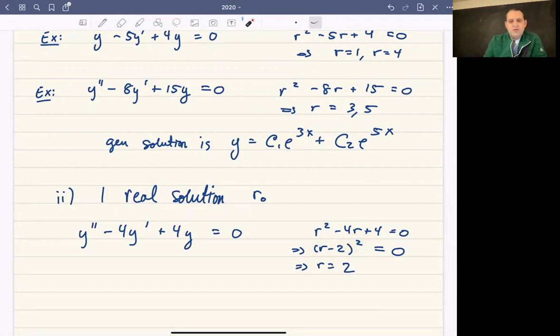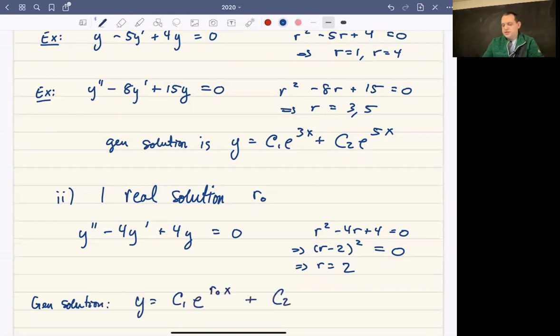It turns out that when you have a real solution r naught, your general solution is going to be c1 e to the r naught x plus c2. You can't just put another e to the r naught x there because those are not linearly independent.